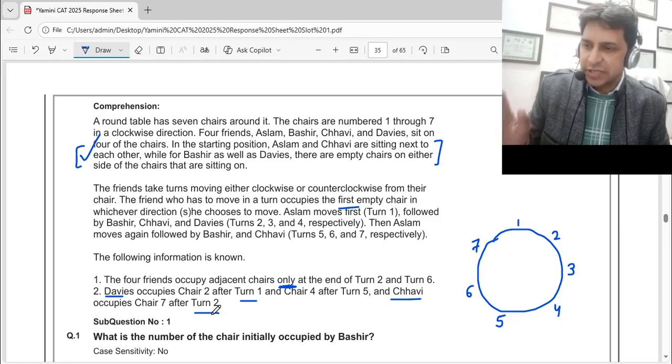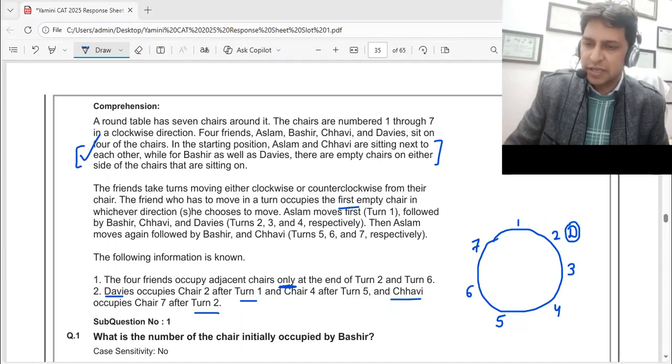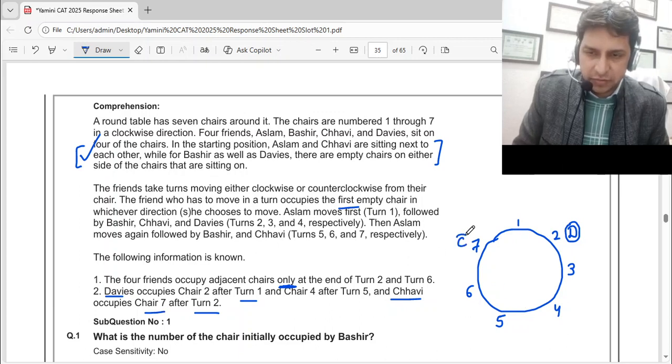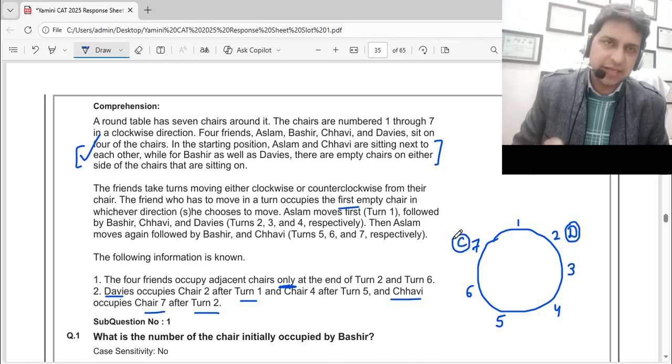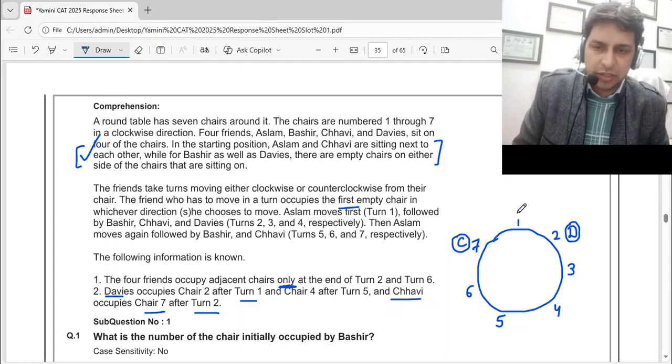Quite clear. That means D occupies chair 2. So D was here in the beginning. And C was at chair number 7 in the beginning. So that is when they came and sat for the first time. Now, the information at the top is that B and D do not have anybody near to them. So there is nobody on chair number 1, nobody on chair number 3. A has to sit with C. That is also given here.